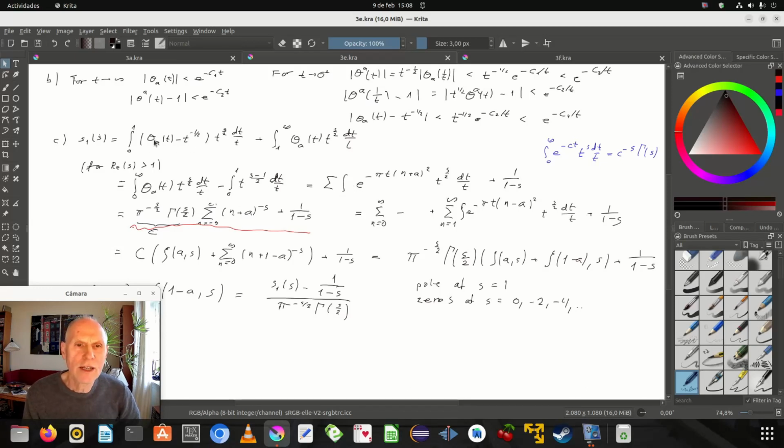Oh, then I collected the integral here from 0 to infinity, and introduced the definition of theta sub A.